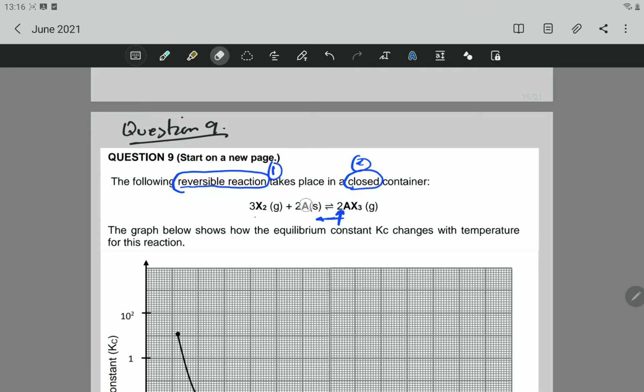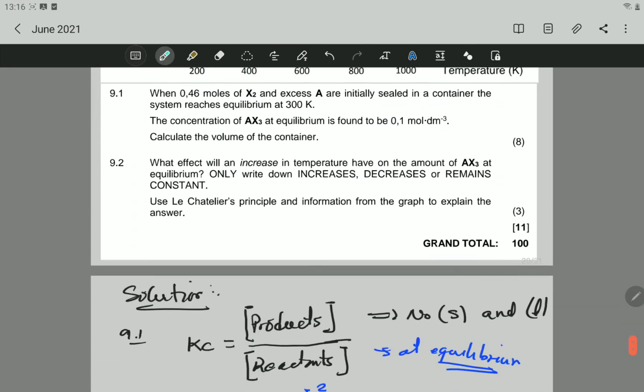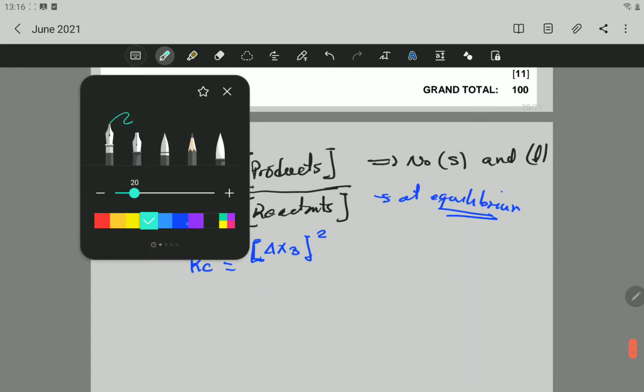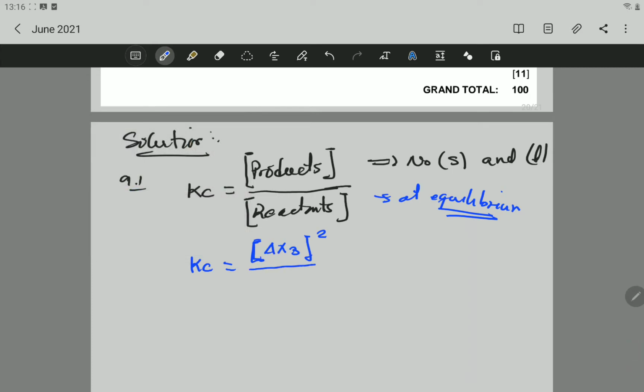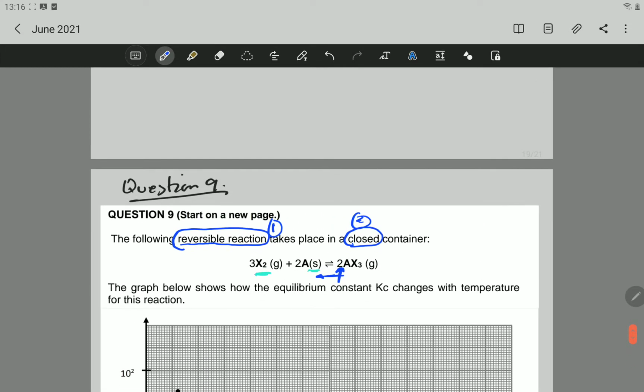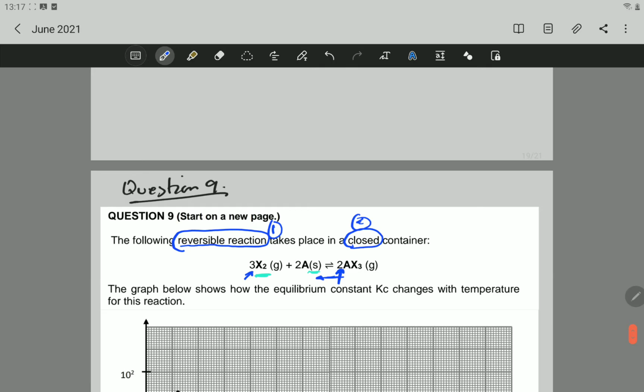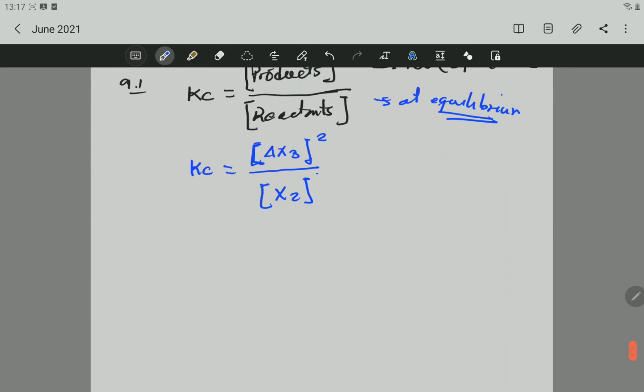This one is solid, so you do not include it. It will be the concentration of X2, which is a gas, to the power 3. You see the coefficient at the front is the power. Now this is the Kc expression for this specific calculation.